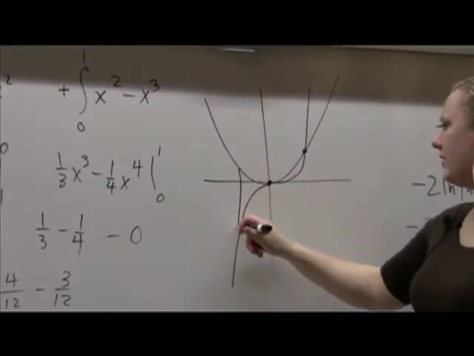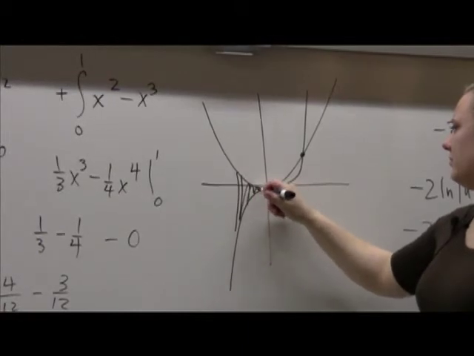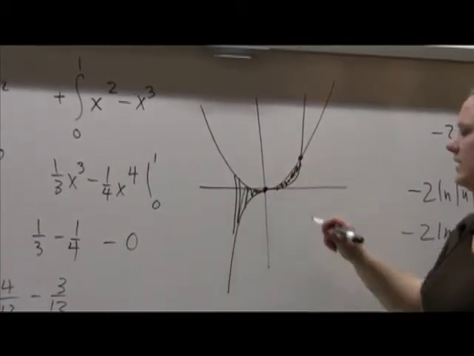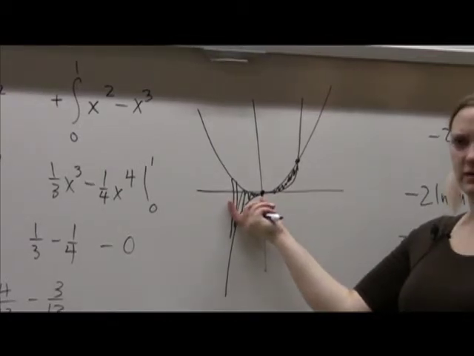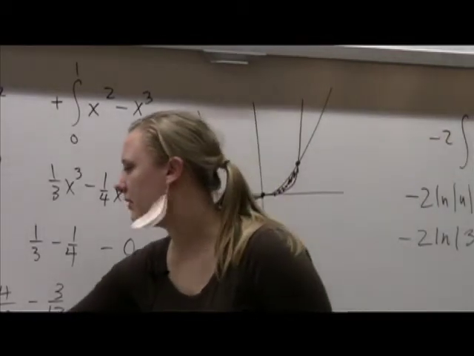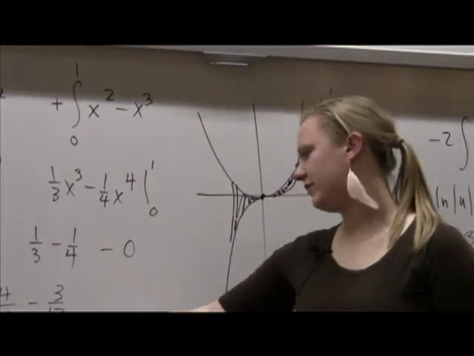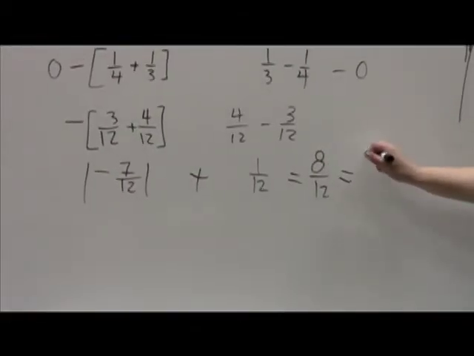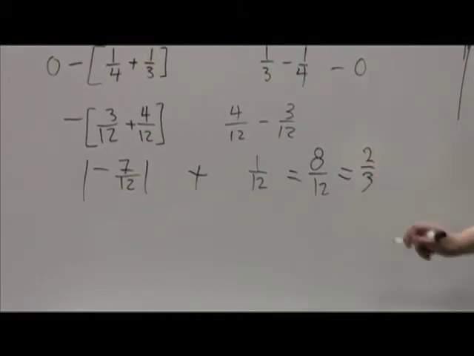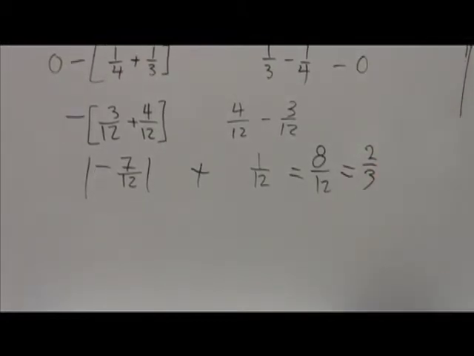And I'm getting this area plus this area. Does that make sense? This area came out as negative. Can I have a negative area? No. That's why I took absolute value of that part. If I added them together first, it would be too small. 8 divided by 4, 12 divided by 4. Pretty sure that's right. That kind of makes sense?